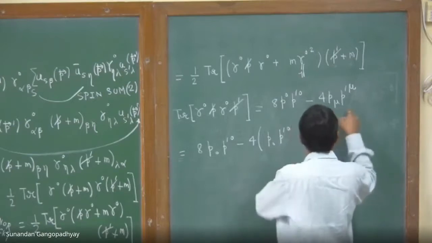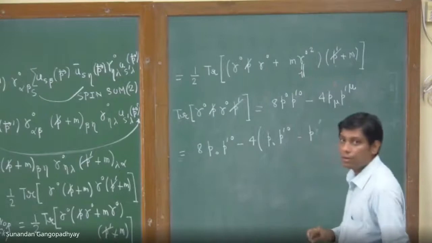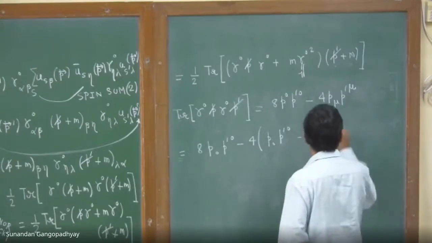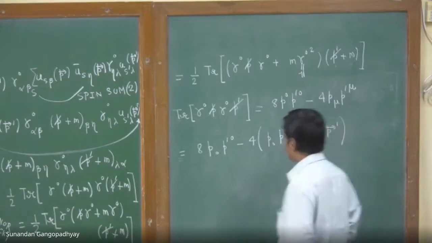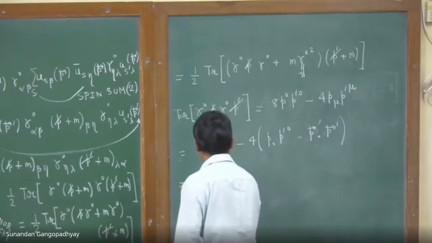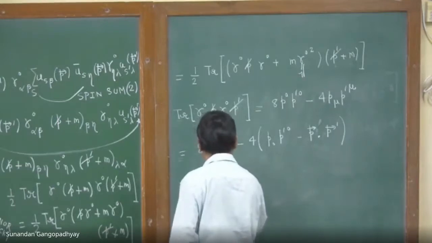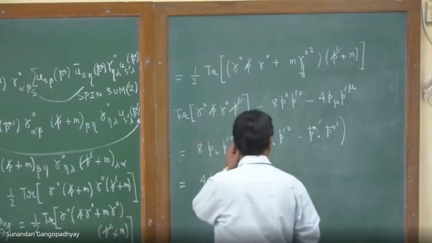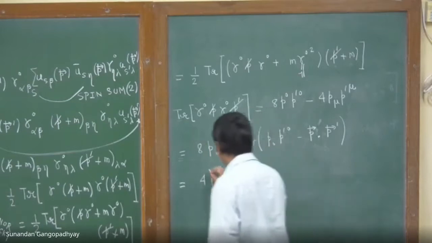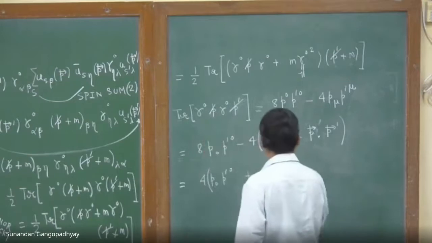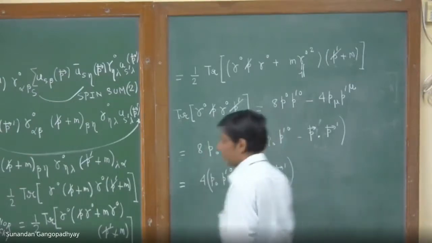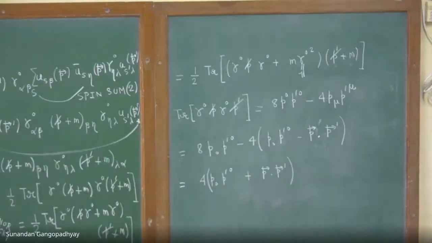If you sum it, you get a minus if I take the spatial part upstairs, so this will give us P vector squared with a minus. Therefore, this is nothing but 4 times P0 squared plus 4 times, so I can take the 4 common, P vector squared. Okay.